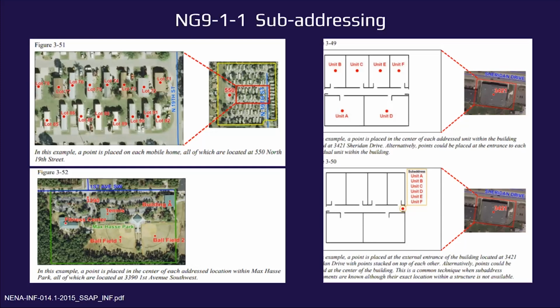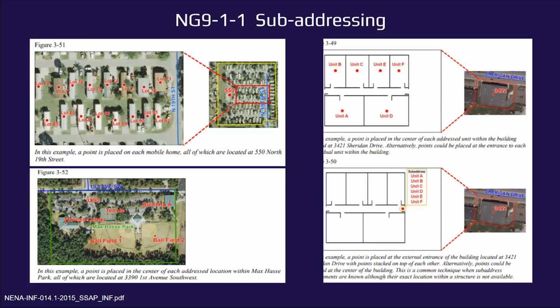Where we start getting into the fuzzy blend of sub-addressing and indoor mapping is on the right-hand side, where sub-addressing is used for room information. There are different methodologies and response preferences that are dependent upon particular agencies and CAD softwares, and which one is more useful.